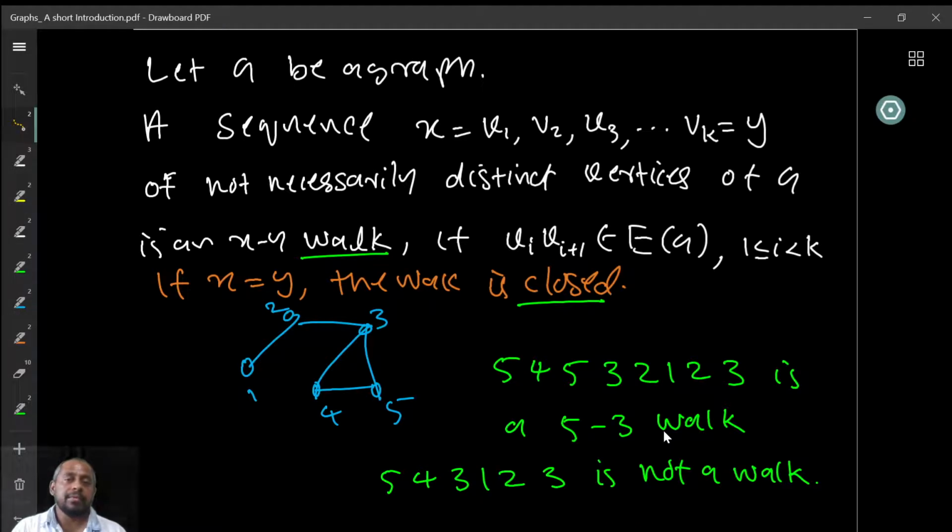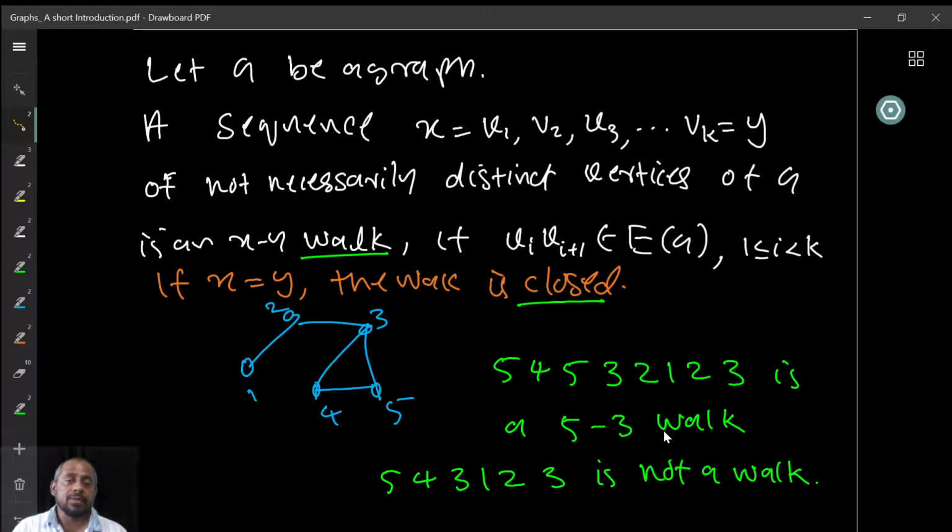Now, given a graph, a sequence, let's say starting from the vertex x equal to v1, then v2, v3, etc., vk, ends in the vertex vk equal to y, where the vertices need not be distinct. It can be distinct, but not necessarily distinct.